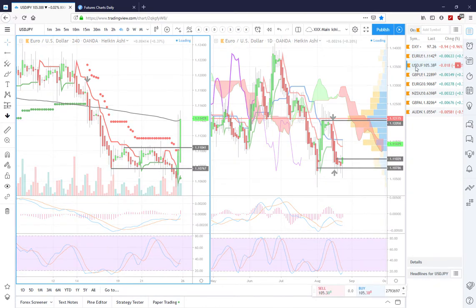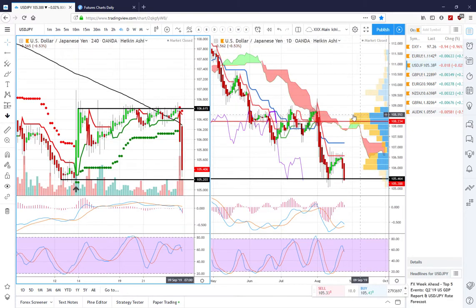And US dollar Yen, look at this strong resistance here, how it bounced off this strong resistance here, and in spite of the strong Kijun here, it didn't get a breakout here. So that's why you've got to look at these resistance levels very carefully and understand what's going on with price.